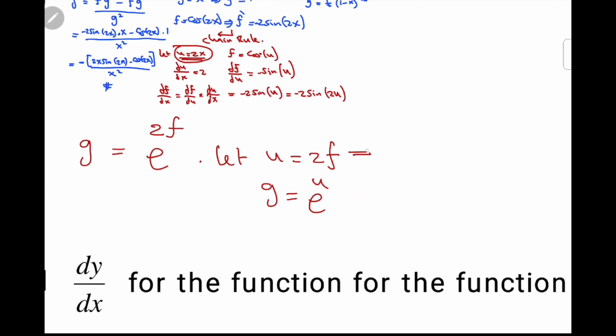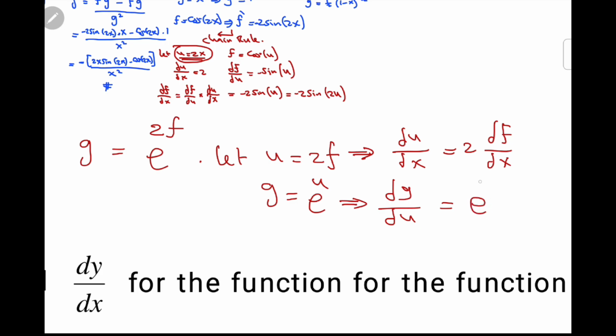Now du by dx is simply 2 times df by dx. Here dg by du is simply equal to e to the power of u.